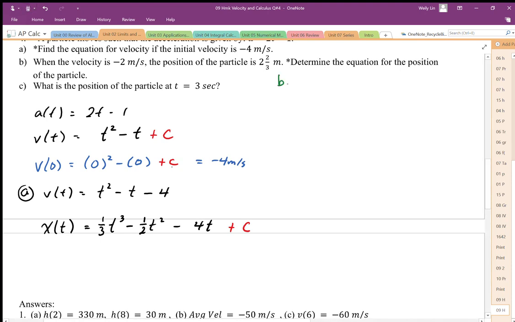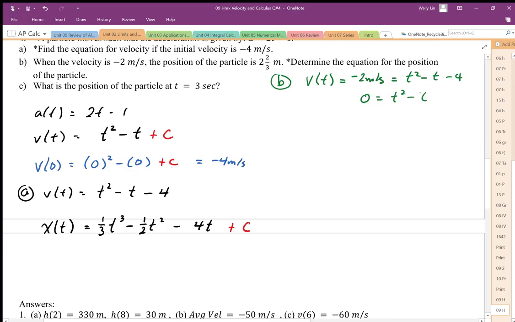So I know that my v of t is equal to negative 2 meters per second, and that's equal to this function, t squared minus t minus 4. And I can actually solve this function for t.